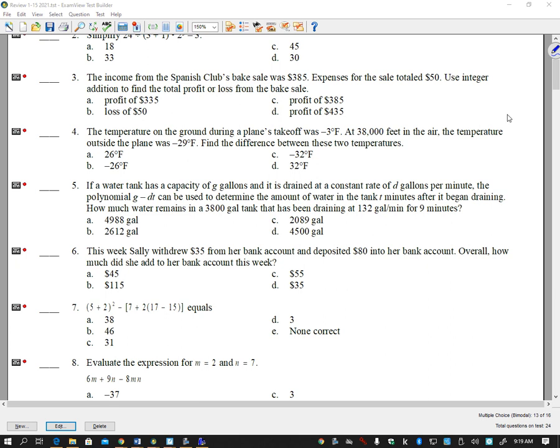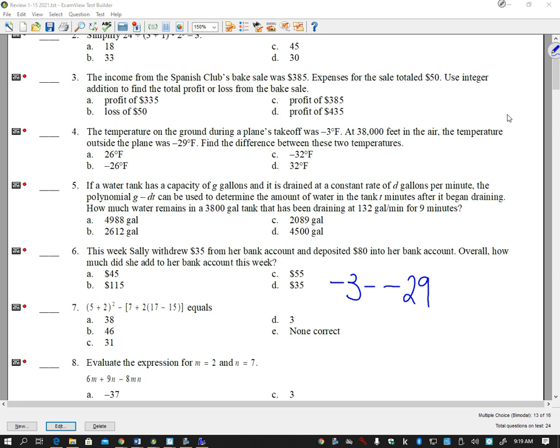What's -3 minus -29? Okay, so we're finding the difference.